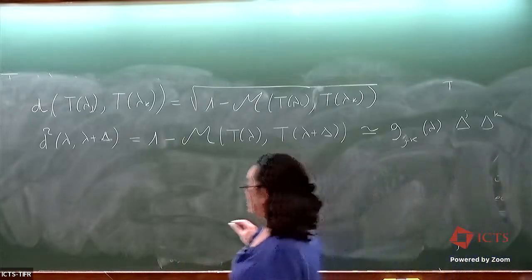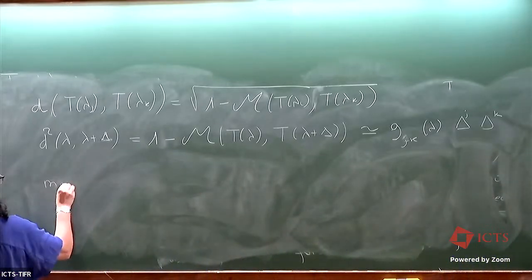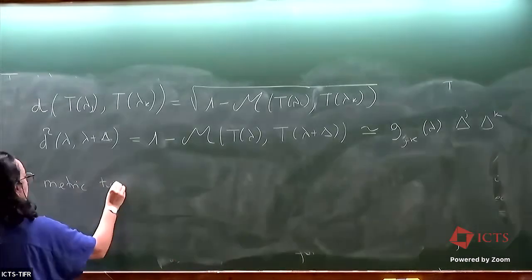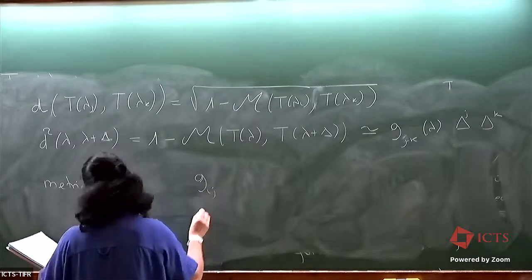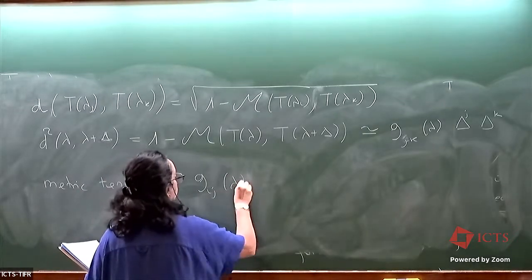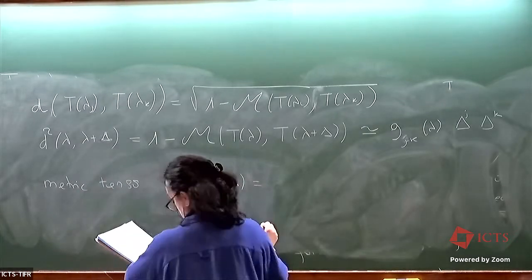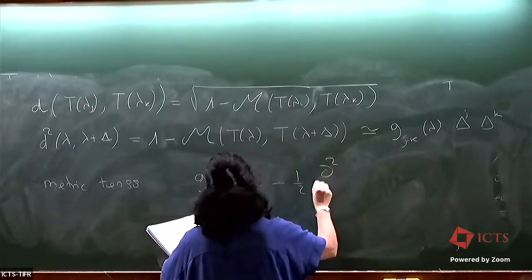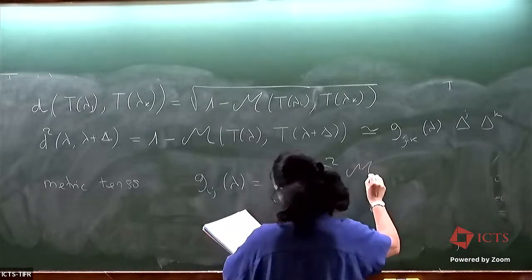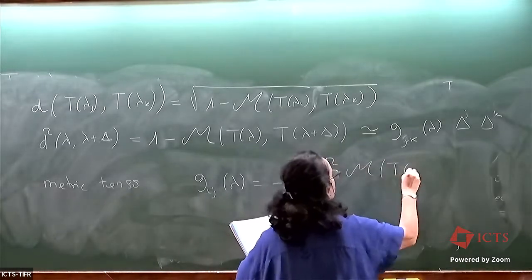And this metric tensor, that depends, of course, on the point in parameter space, can be computed like the second derivatives of this match.